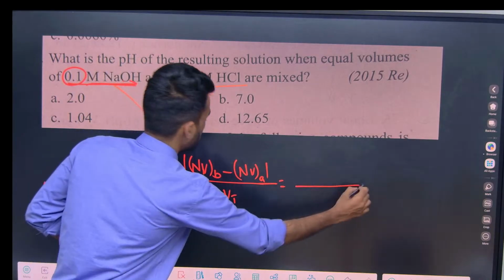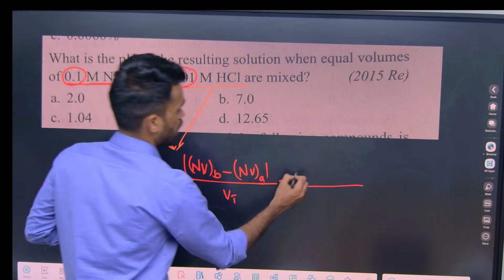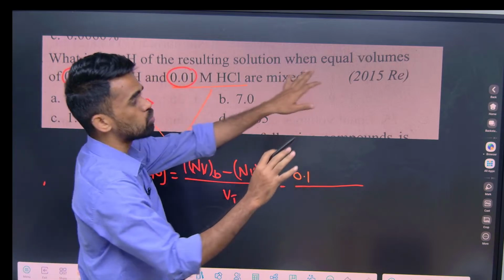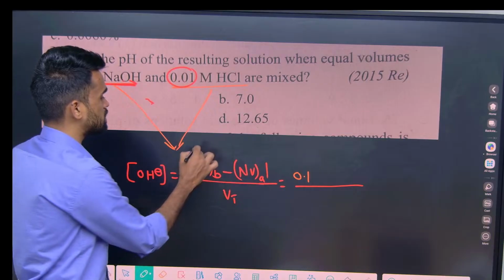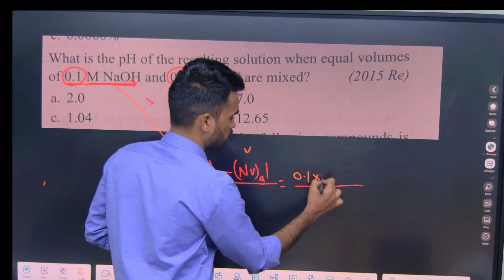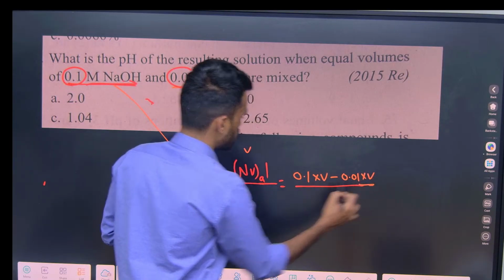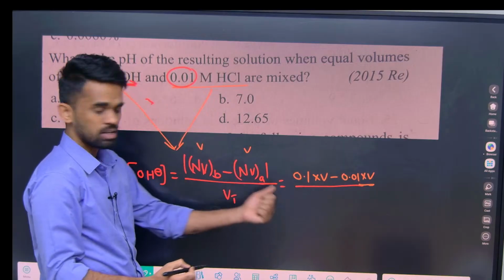So what is the concentration of base given? 0.1. And the volume they are saying is equal volumes. Let us say the volume of base is V, then the volume of acid is also V. So 0.1 into V minus 0.01 into V, and V plus V, that is 2V, in the denominator.